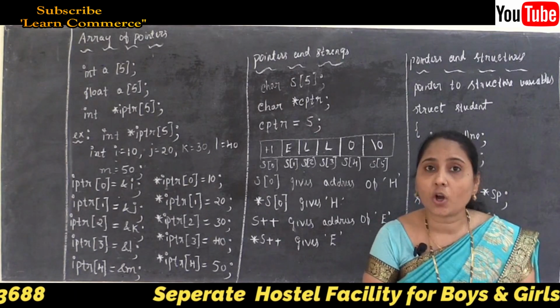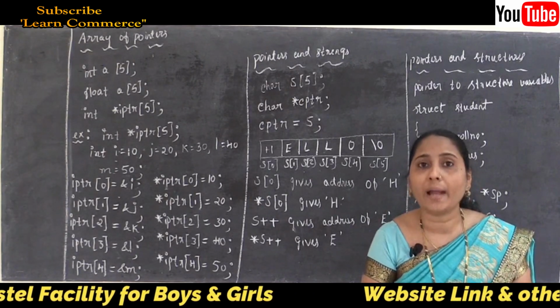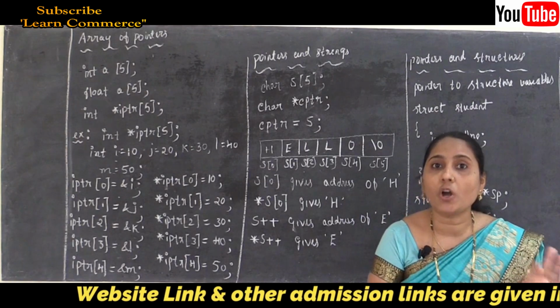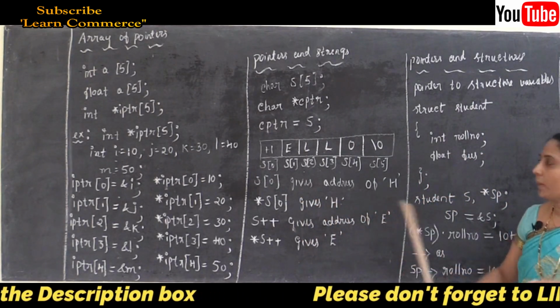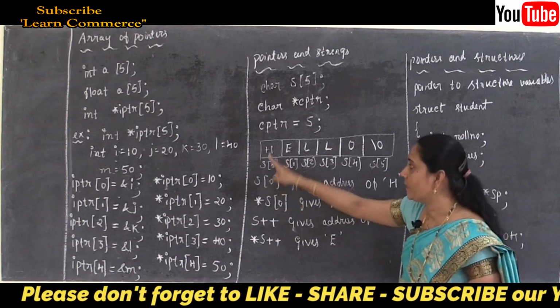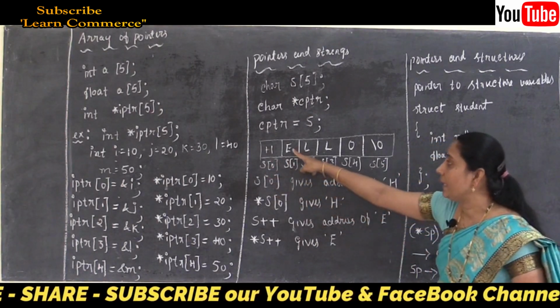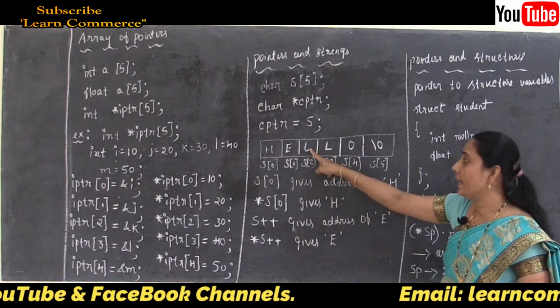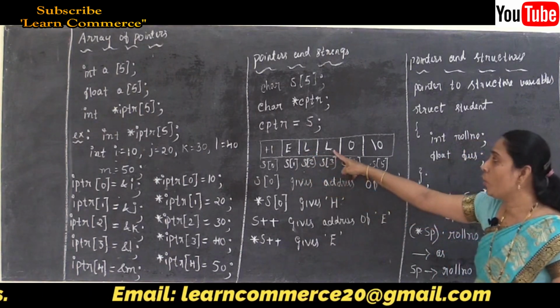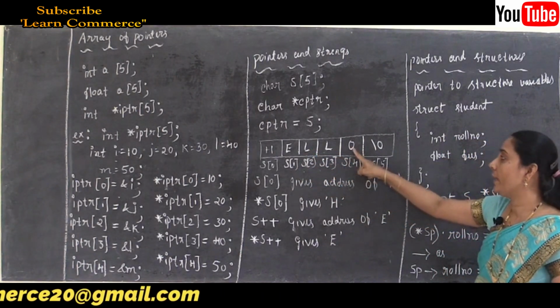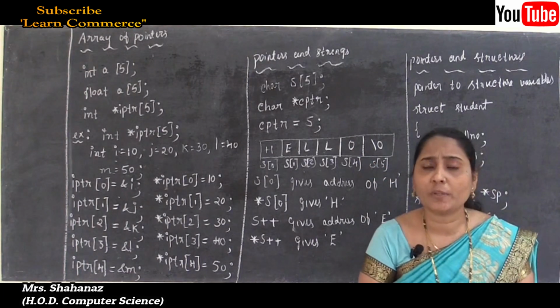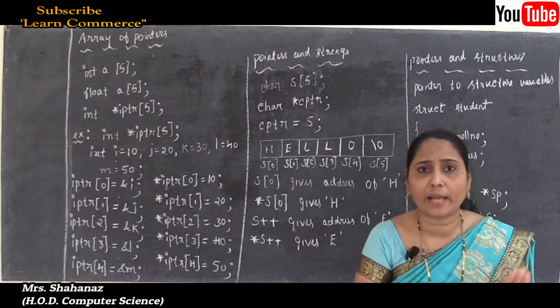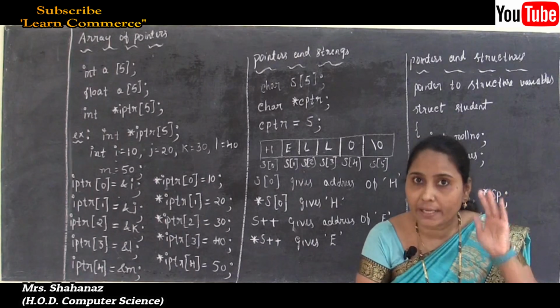When the program is compiled, the compiler does not save the addresses of all the elements of the array. The address of H is s of 0, E is s of 1, L is s of 2, one more L is s of 3, O is s of 4. Is it possible to save all these addresses? No, we are not going to save all those addresses.